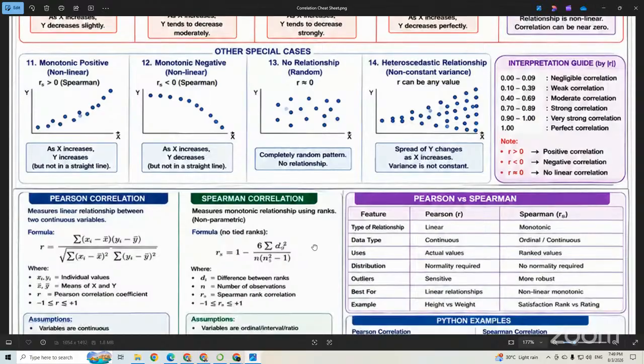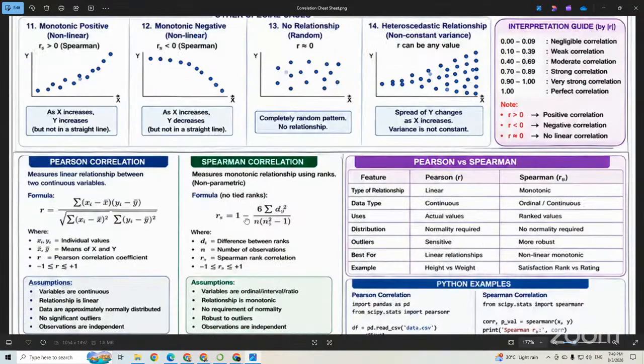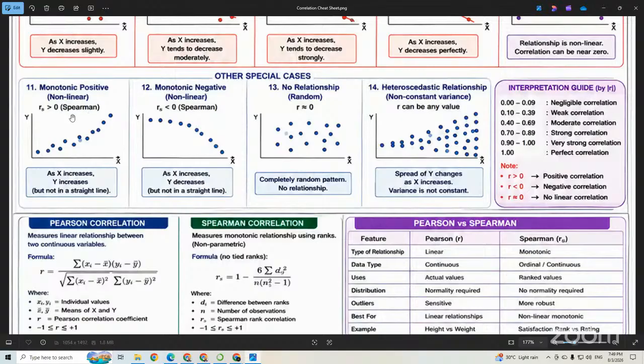These assumptions we are required to understand: robust to outliers and observations are independent. Here you can see the other special cases associated with the Spearman correlation. In the monotonic positive case, the values are increasing in this way, so the curve you fit will not be linear but non-linear, and rs will be greater than 0.